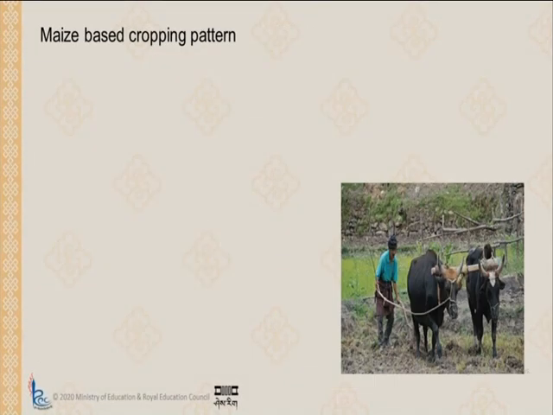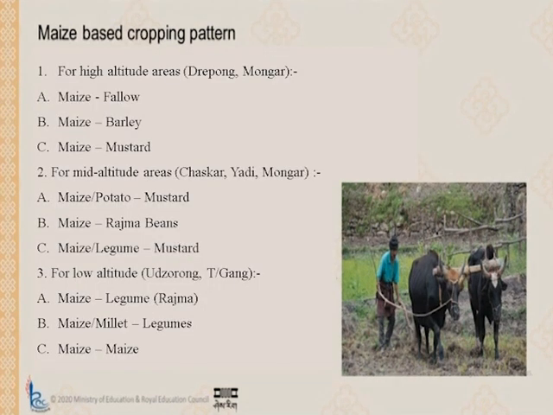Now let's look at maize based cropping pattern. See, for high altitude zones, that's in Drepung in Mongar, after maize is grown, the field is kept fallow, then maize, then after it's barley, then maize and mustard. So it goes on with other altitude zones.